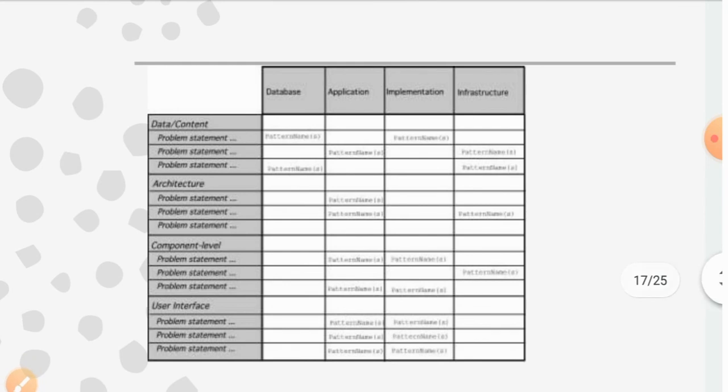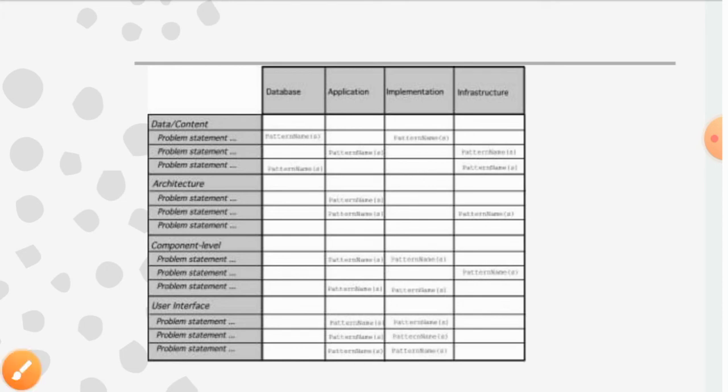Now next one is the pattern organization table. Here you can organize your pattern by database, application, implementation and infrastructure. These are the problem statements, that is, the data which are going to be arranged in your databases. The architecture of your application consists of the patterns, or you provide the infrastructure through your architecture.